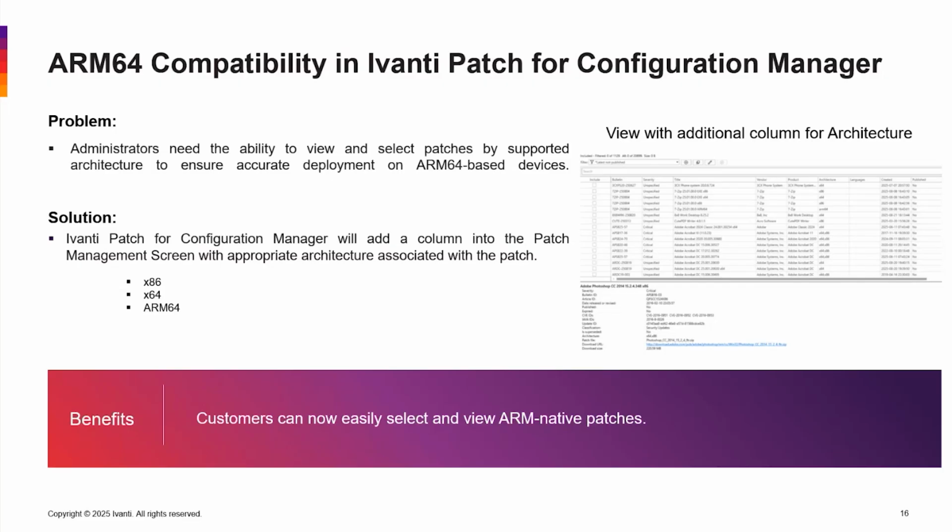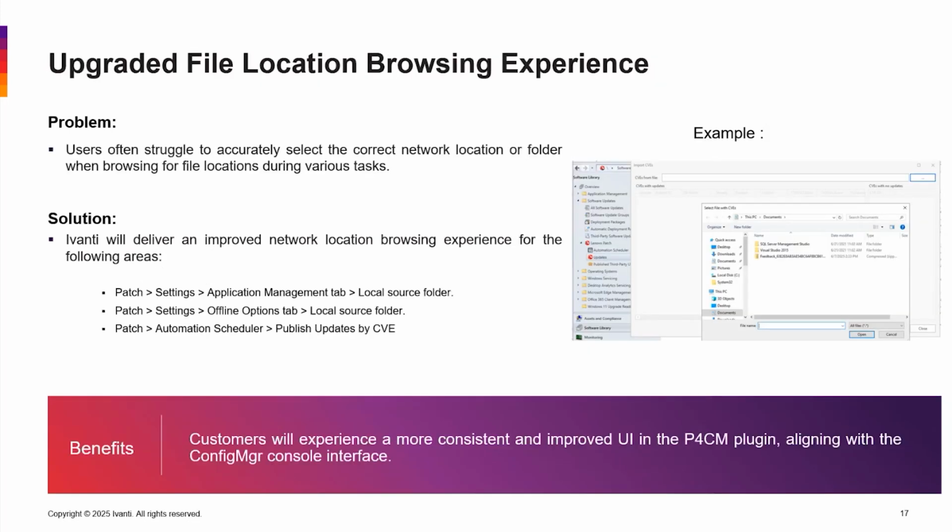So what we will notice is that there will be an additional column in the console that will clearly distinguish whether that particular patch has ARM compatibility or not, and what the correct associated architecture is for that patch. So the customers can easily select and view ARM native patches and deploy them on the respective devices. Let's move forward.